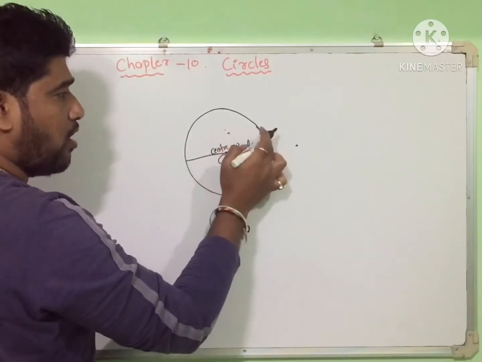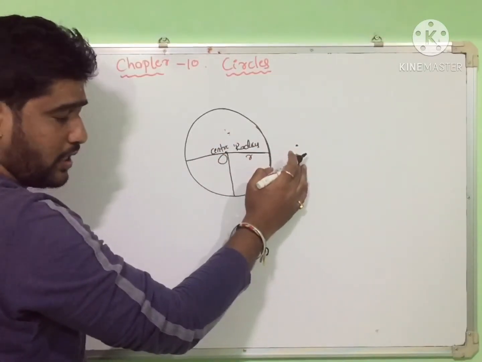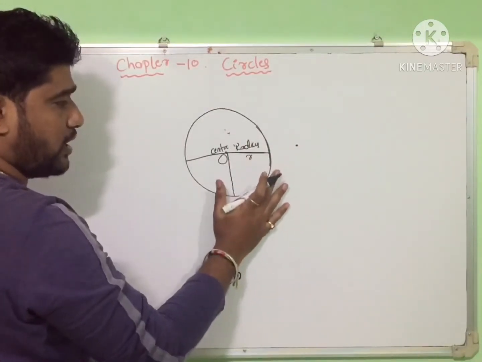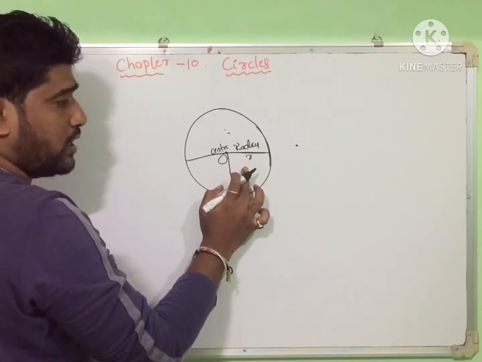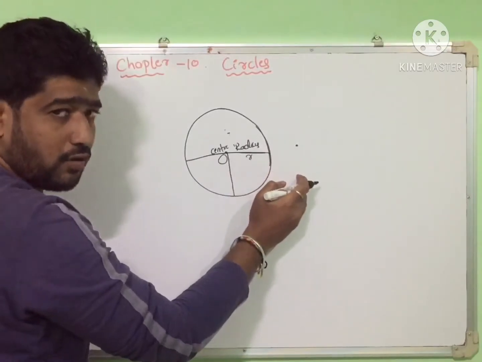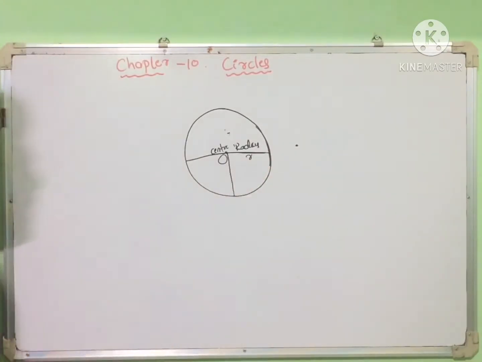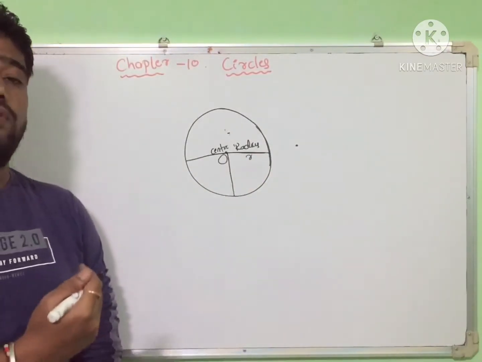So the circle divides the plane into three parts: interior of the circle, on the circle, and exterior of the circle. Is it clear?